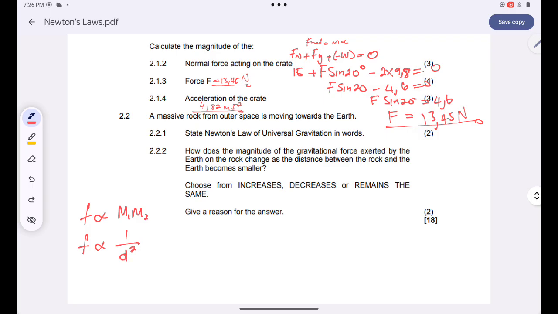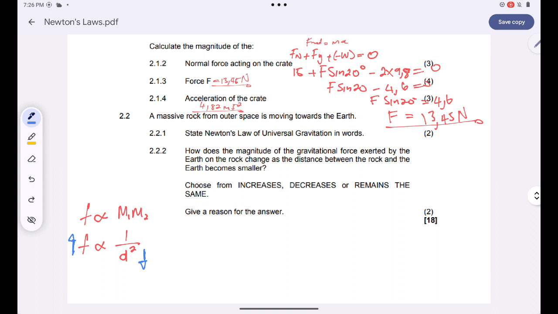Okay, so if, guys, you are decreasing the distance apart from their centers, you are actually increasing the gravitational force exerted by the earth on the rock. Are you together? Why am I saying that?